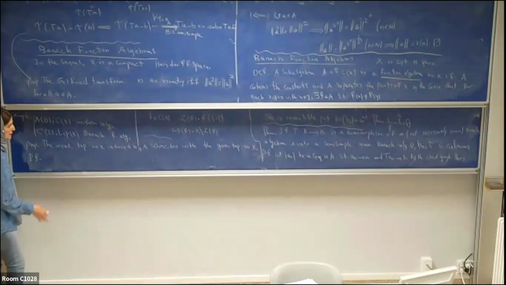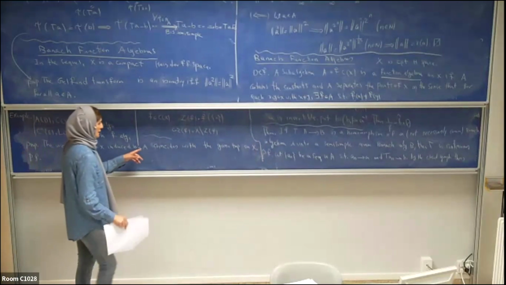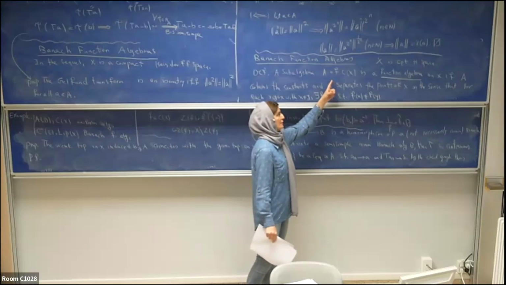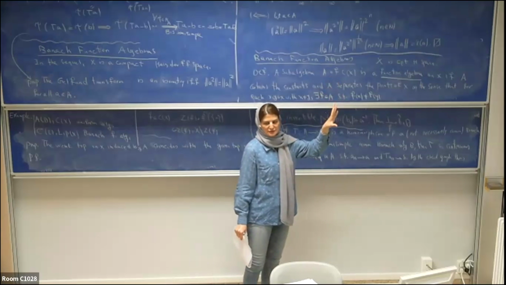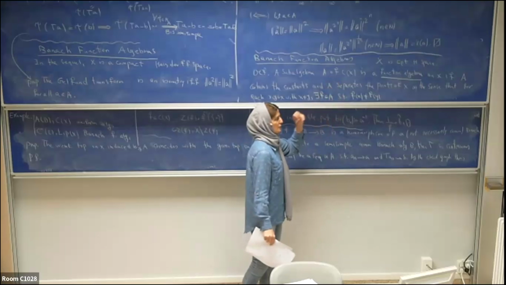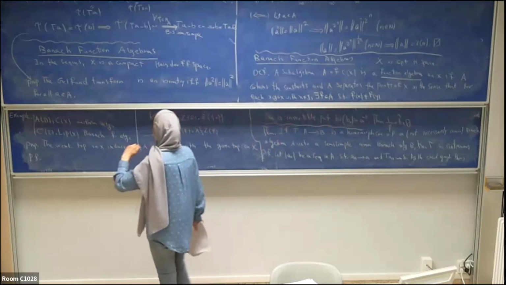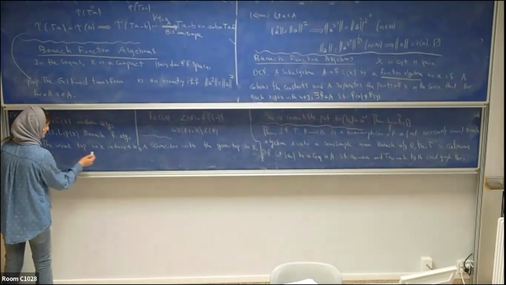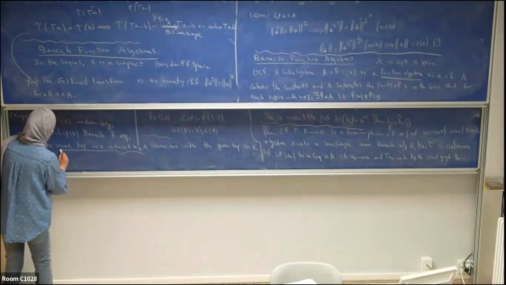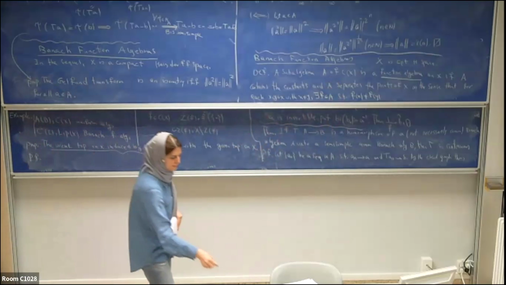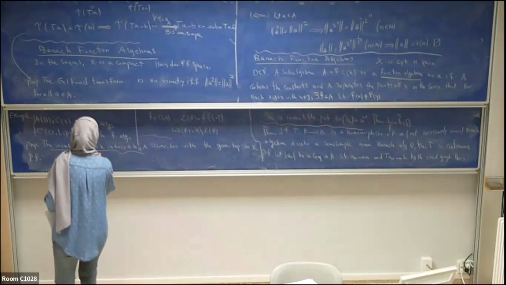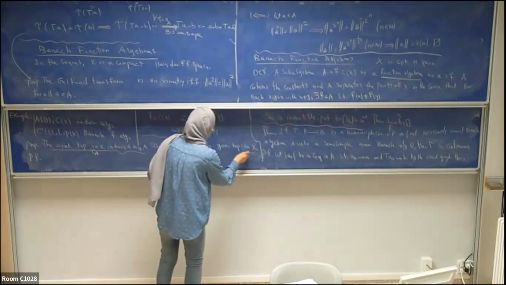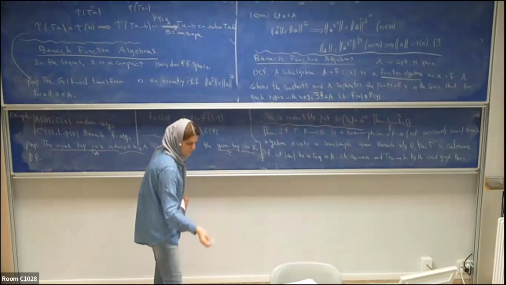Of course, we know that A is a subalgebra of C(X), so each function here is continuous with respect to the original topology of X, and this is the weakest one. So it's clear that, let's denote it by tau_A, and the original topology with tau.